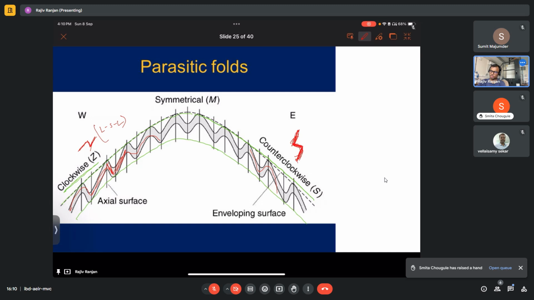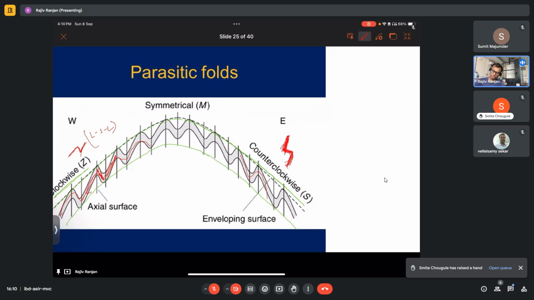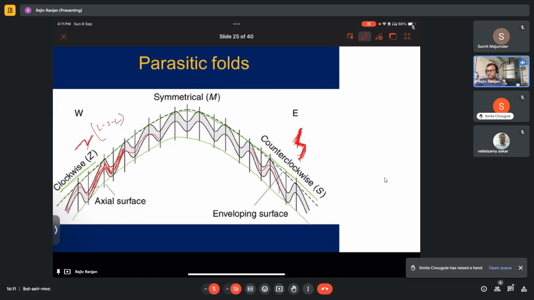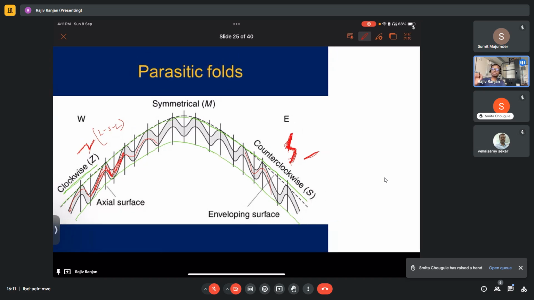Here you have anti-clockwise, and here you have clockwise. So this also gives you vergence. So these are called Z, and this is called S. And these are called parasitic folds. Parasitic folds means it is dependent and it actually mimics the higher order fold, makes the first order fold.